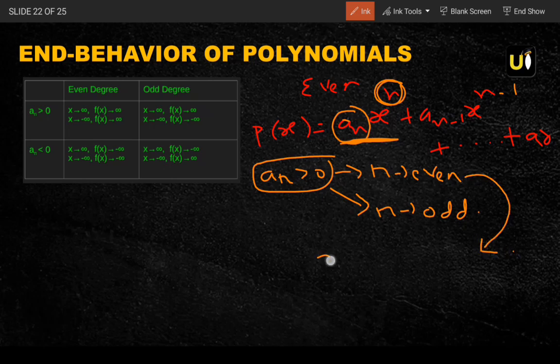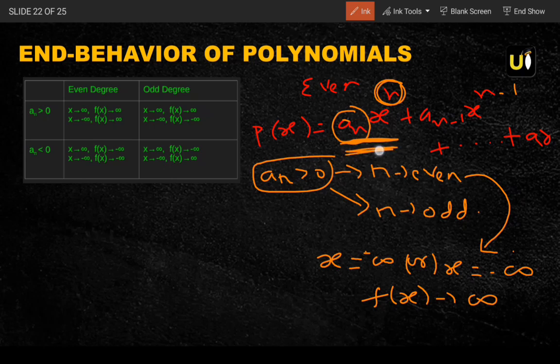So infinity power 6, or minus infinity power 6, both will lead to plus infinity, right? Whereas if the degree is odd, then for positive infinity it will tend to positive infinity, and for negative infinity it will tend to negative infinity. So this is the case when the leading coefficient is greater than 0.